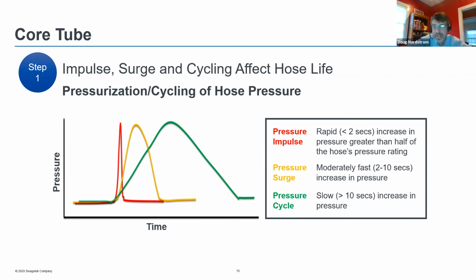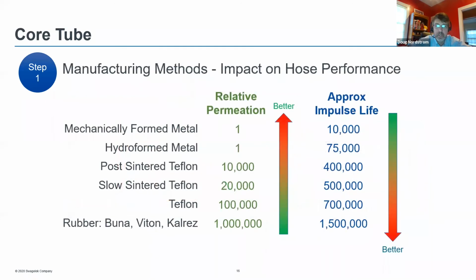Pressure impulses will damage metal hoses especially very, very quickly. The hydroforming I mentioned earlier withstands this much more because of the great reduction in stress risers in a hydroformed hose. So for a pressure impulse application with a metal hose, you want to look for a hydroformed hose.